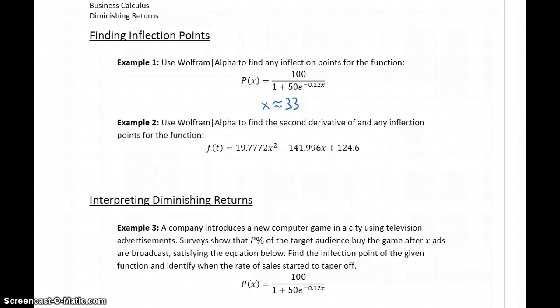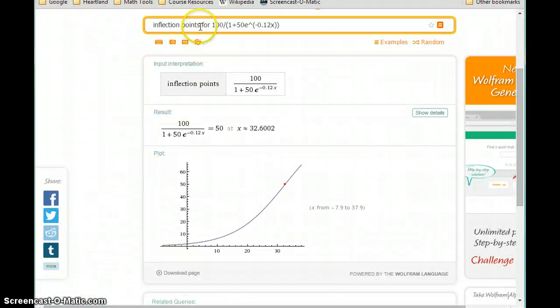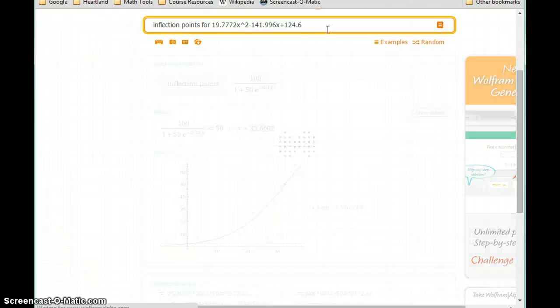So similarly, we can do this for example 2. We want to find inflection points for this given function. So we just need to update the function. We're still asking for inflection points.